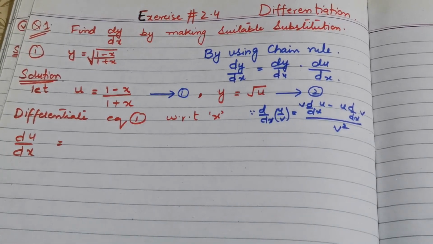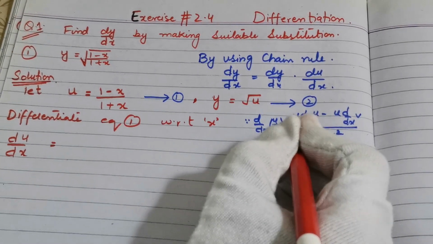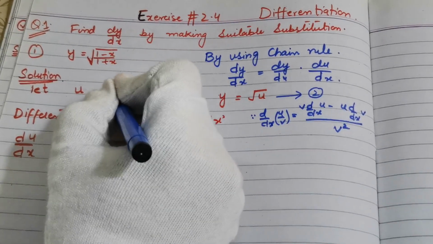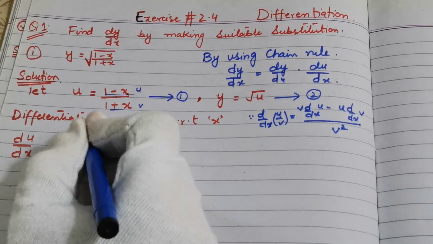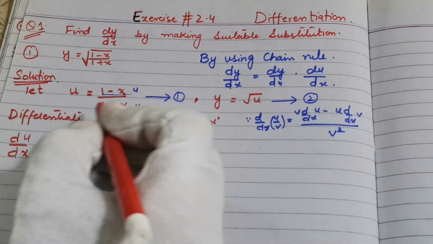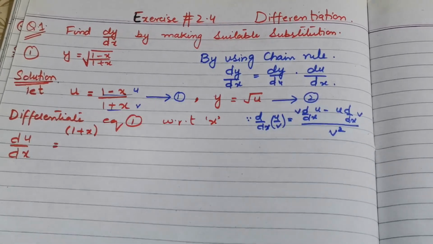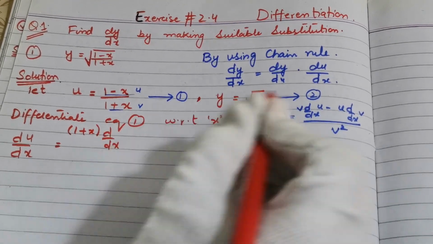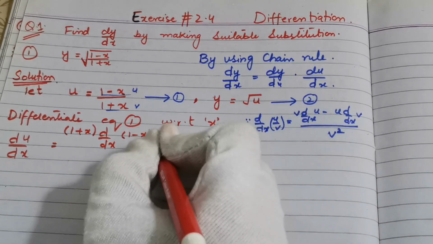Now we apply the quotient rule on this term. First of all, we will consider this term as u and this term as v. Now v is 1 plus x. We consider v as 1 plus x, and u is 1 minus x.